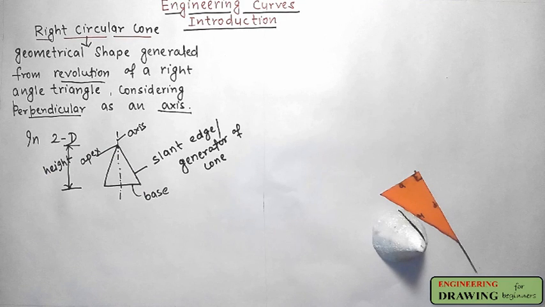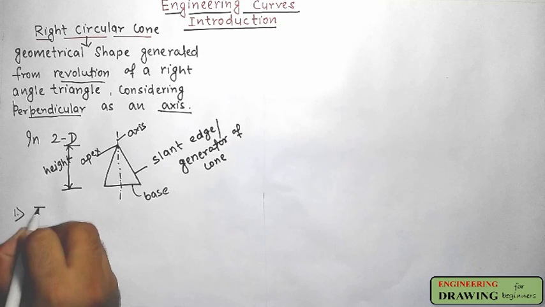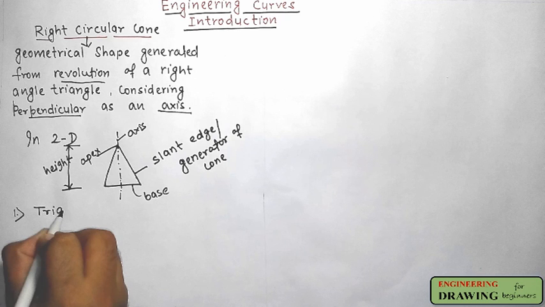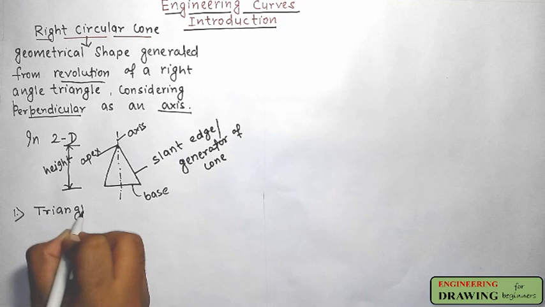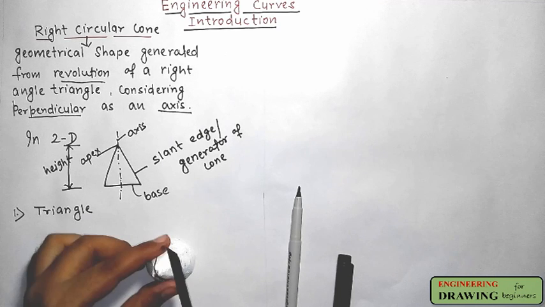Now I will discuss various engineering curves that can be obtained from a cone by cutting the cone under various conditions. First one is triangle. This is a right circular cone and this is a cutting plane.